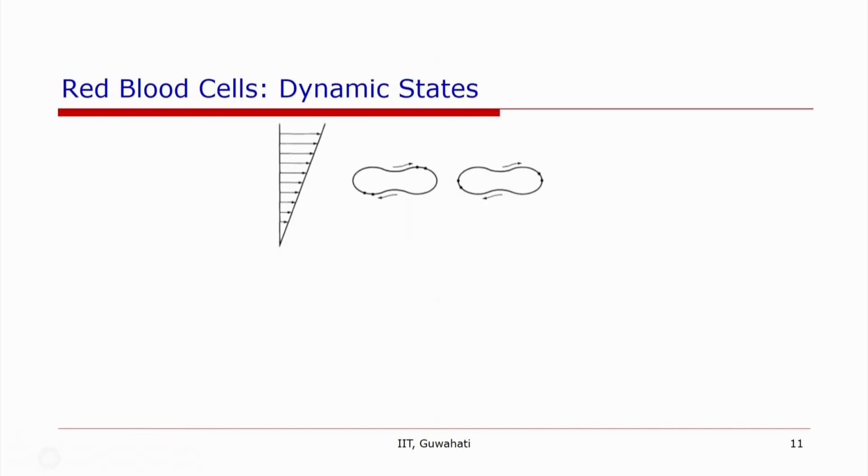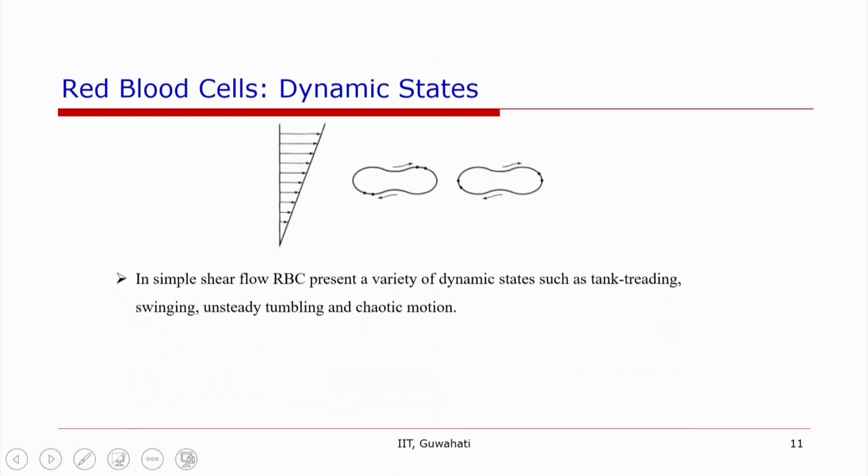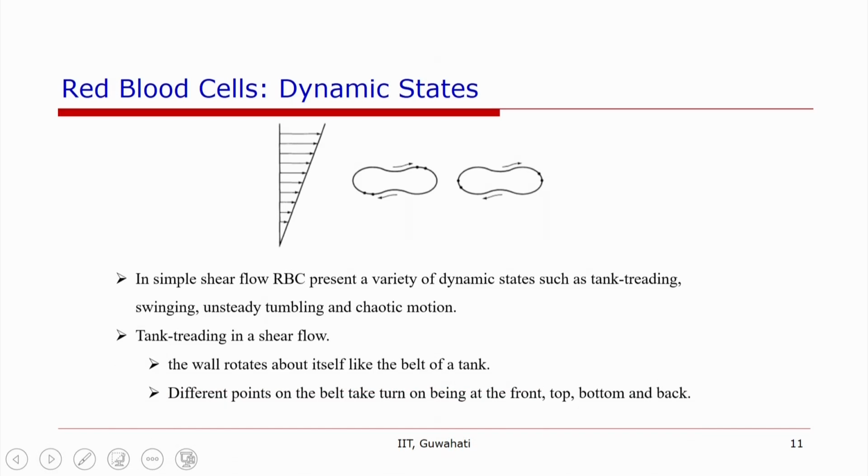The RBCs can take any shape under the dynamic conditions when the blood is flowing, and they can tumble, slip, have a chaotic motion, roll, swing, and tank tread. One of the motions that is important is tank treading, which means that the wall of the RBC moves itself.